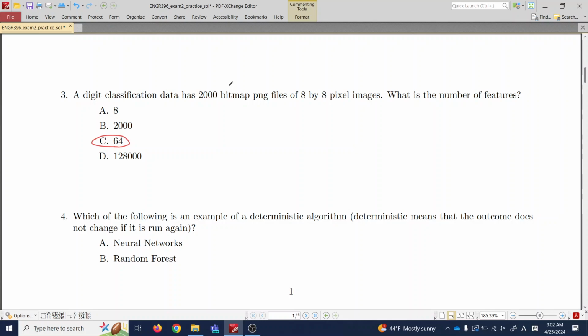But how many data points did we have? I can't remember exactly, some large amount. But each data point had 4 features, right? We had the measurements, the width and length of the petal and the sepal, and that's what was used to classify the kind of iris we had.